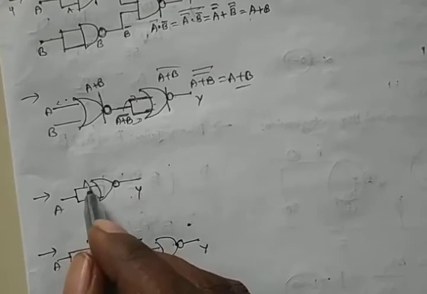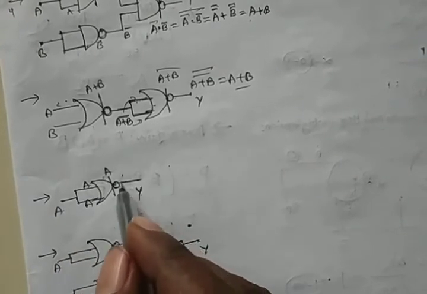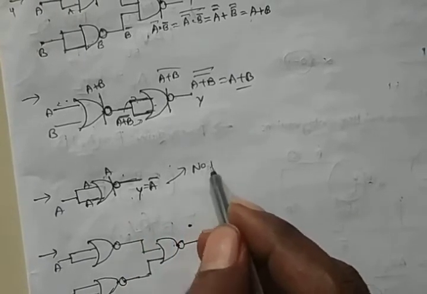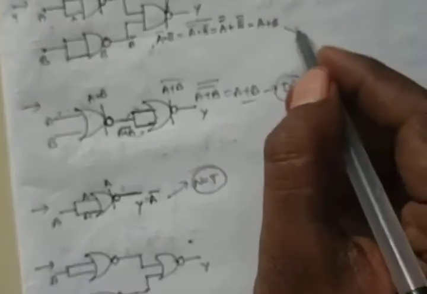Okay. Next, this is A, this is also A. Up to now the A will come. This is A bar. So this is called what? NOT gate. This is called what? OR gate. Okay.